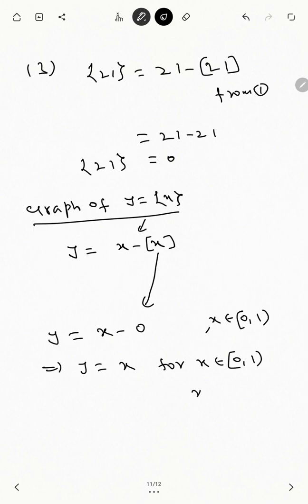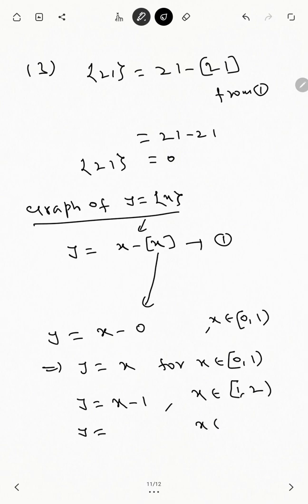Similarly, tell me, x belongs to 1 to 2. X belongs to 1 to 2 means we are getting x minus 1, because the integer part value is 1, for any x between 1 and open 2.